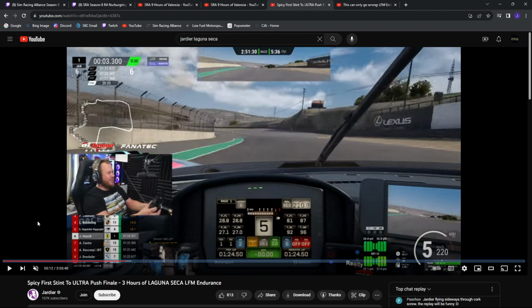It's got good grip. All of the corners are independent except for the corkscrew, and even that, you're going to see them attack the throttle anyway. So this is what it looks like when really, really good drivers implement what I'm talking about at a track that it is really suited to.